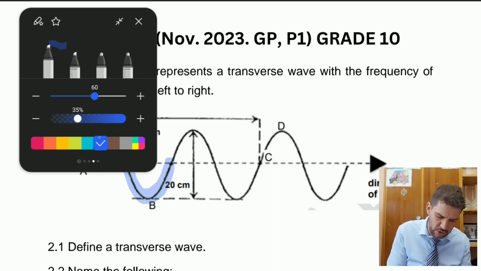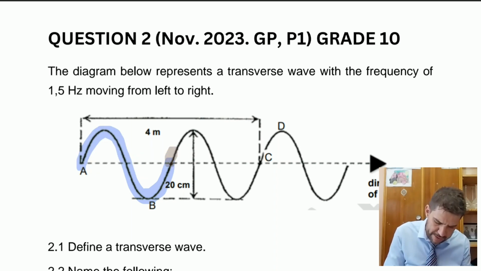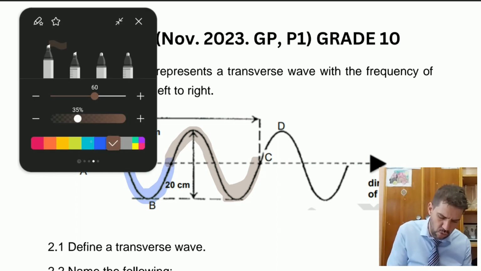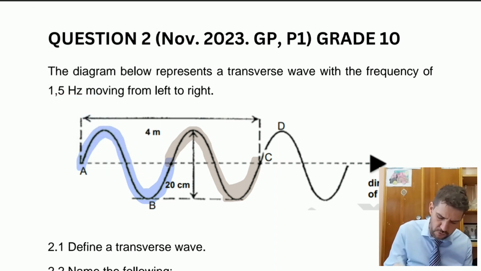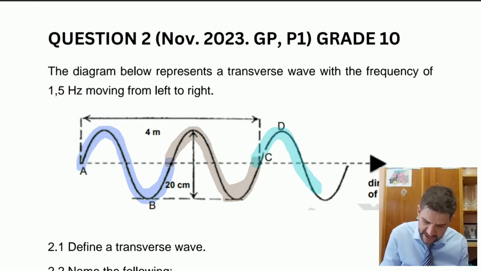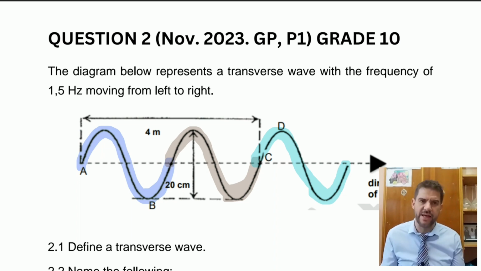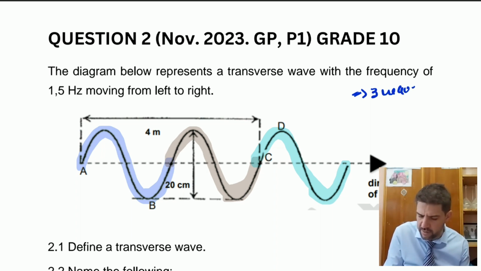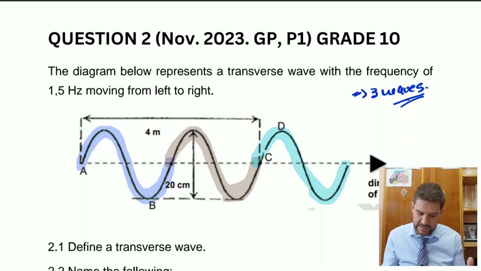The second wave will be from there to point C. So up until there are two waves. And then the final one is going to be from C to the end of the picture. In other words, we have three waves represented, as you can see in that picture.